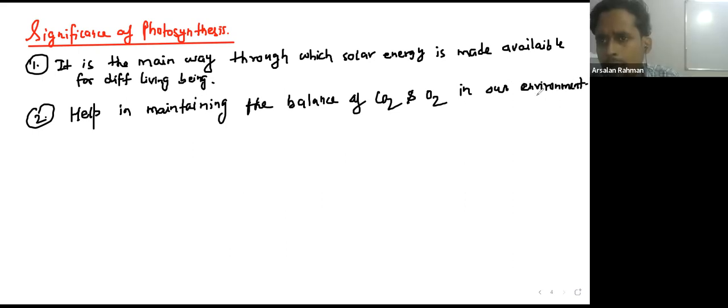And photosynthesis is the only process by which food is available to all.